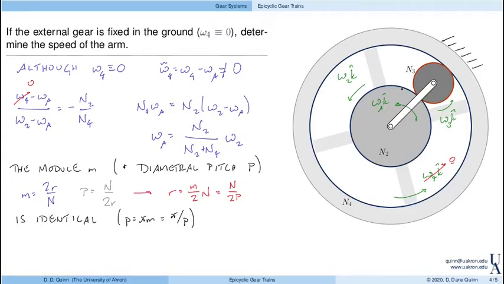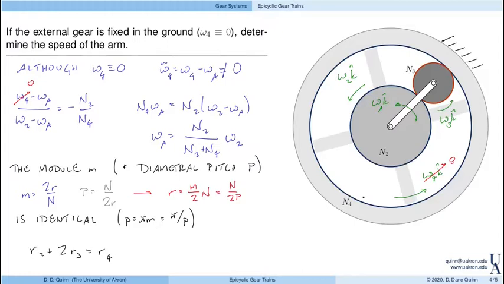So if I look at this gear train, we actually have a relationship between the number of teeth in gear 2, gear 3, and gear 4. Just from geometry, if we think about the pitch radii, well, R2 plus 2 times R3 has to be equal to R4, right?